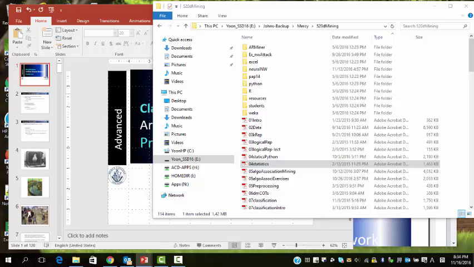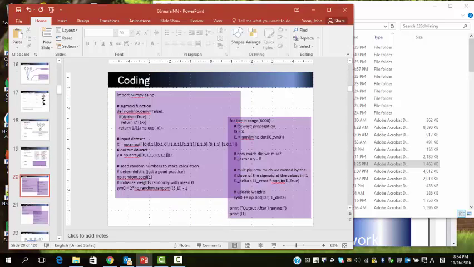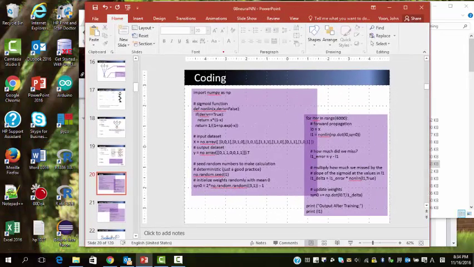You have to make sure it's the right format. Look at my code. Okay, so I'm going to discard this, and I'm going to bring up my Python.